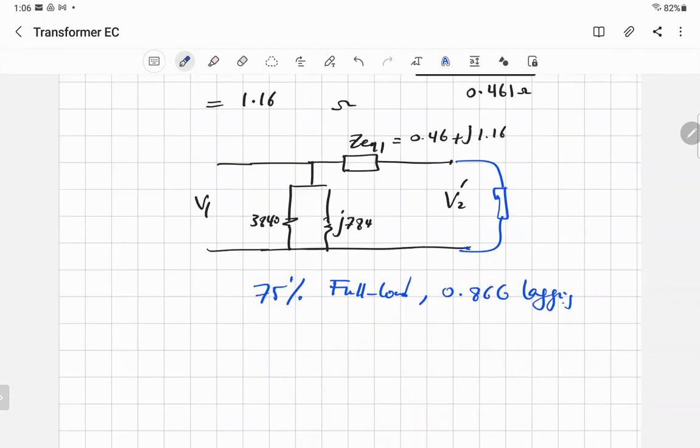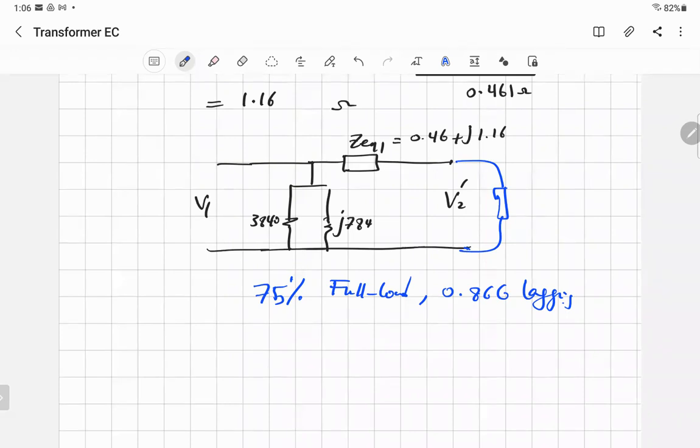So in this case, you want to calculate the current here. When they say something like 75% full load and power factor, then you will ask what's the voltage. When they say that, it means that they are using the normal voltage.